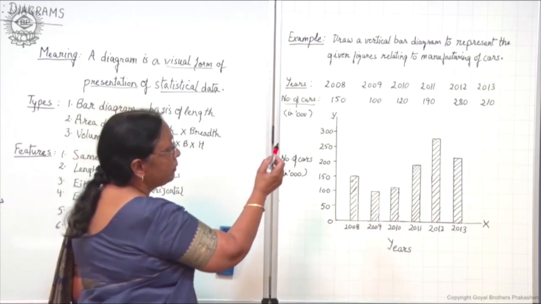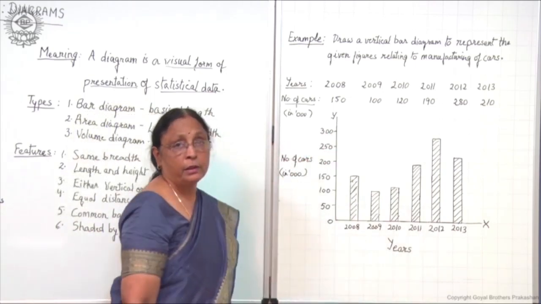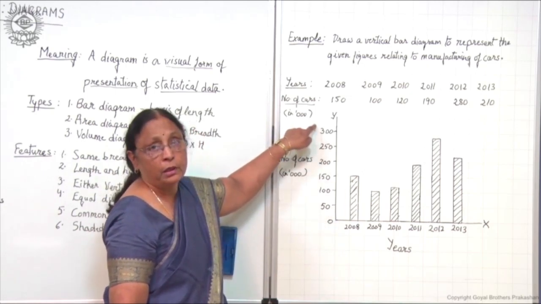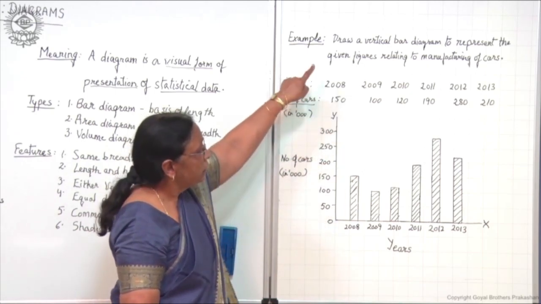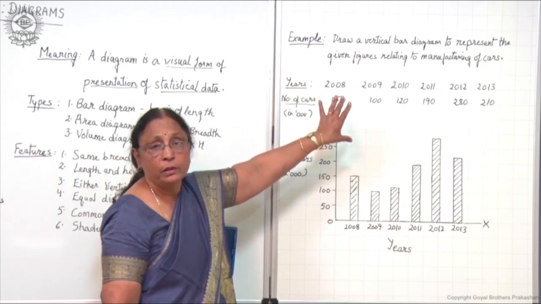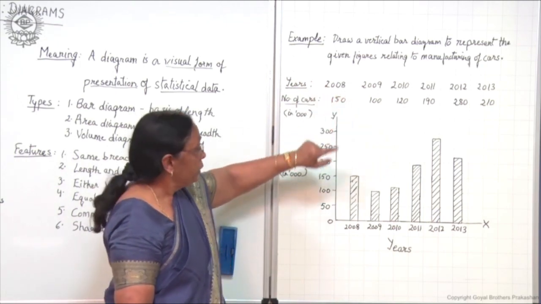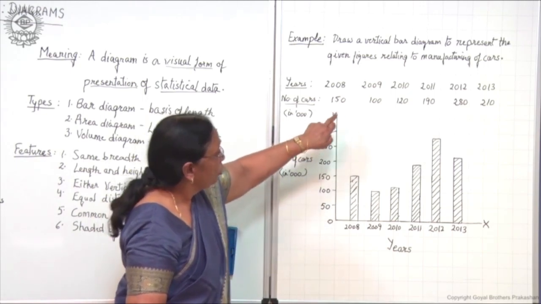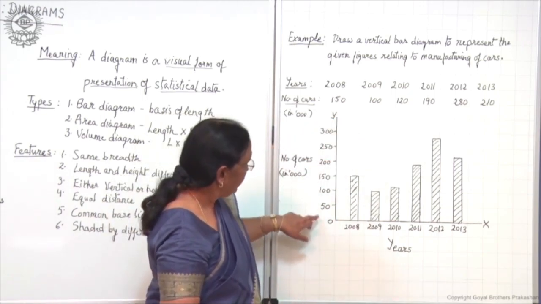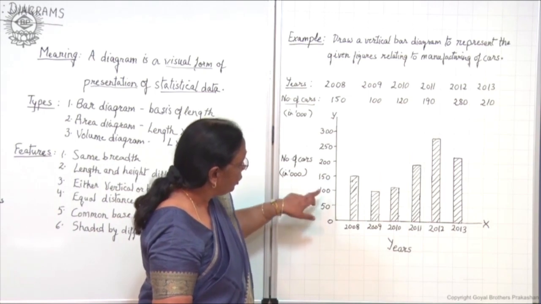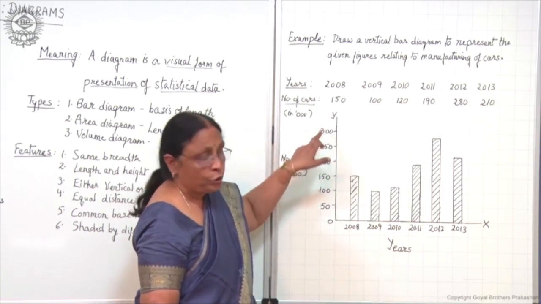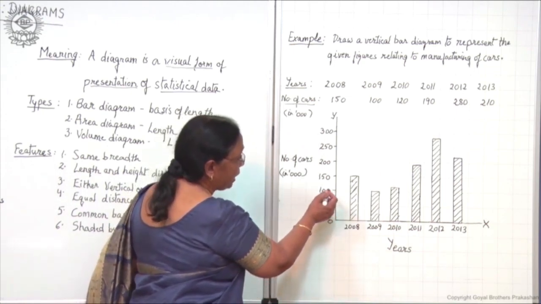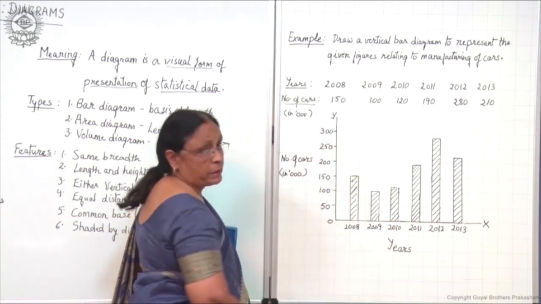Here the maximum data is 280, that means you can take from 0 to 300. If you take more than that, there will be wastage of paper, right. Though you do not have a figure between 0 to 100, but equal division you have to make over here. So you will take from 0 to 300 and divide this axis in equal parts.